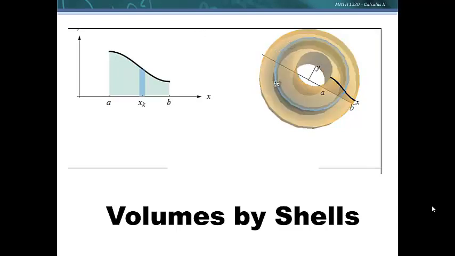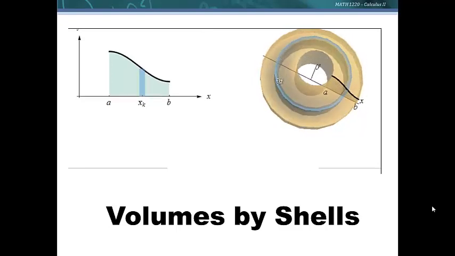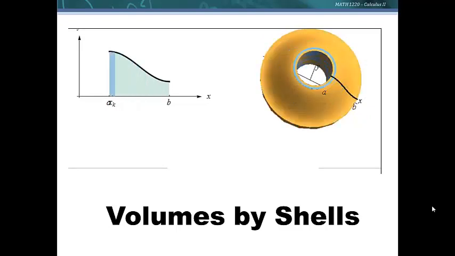We just picked a representative x, and they would all have these shells, but they would have different radii depending on what x you picked. If we could take each of these shells at all of these different spots and sum up the volumes of each of these shells, we would have an approximation for the volume of this solid generated. So that's the idea behind the shell method.